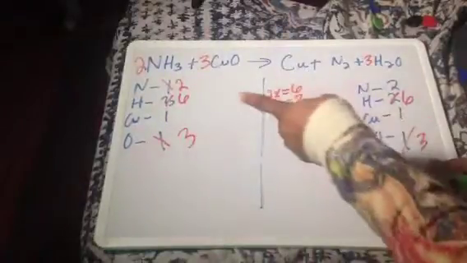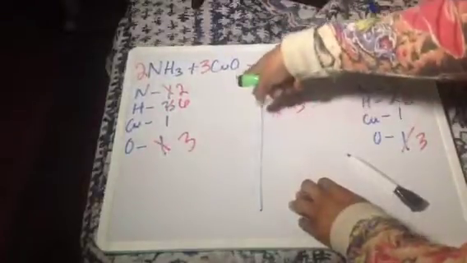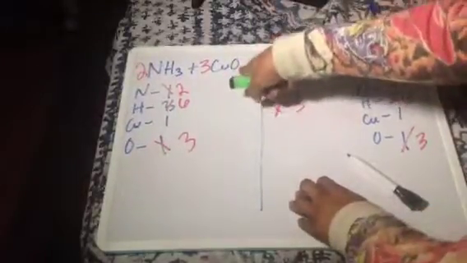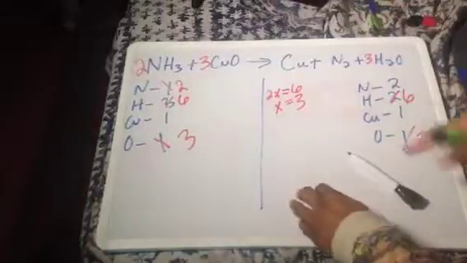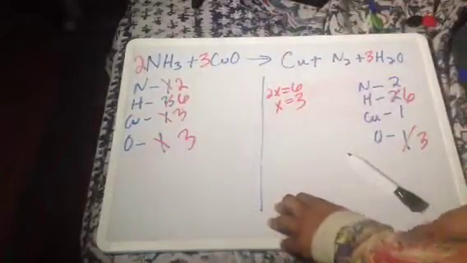So our oxygens are balanced. But, as I'm pretty sure you're catching me, we now have 3 coppers, because obviously this coefficient is going to be multiplied by both of these elements here. So we have 3 times 1, which gives us 3 coppers. 3 times 1 for the oxygen gives us 3 oxygens. So we change this 1 to a 3, right?